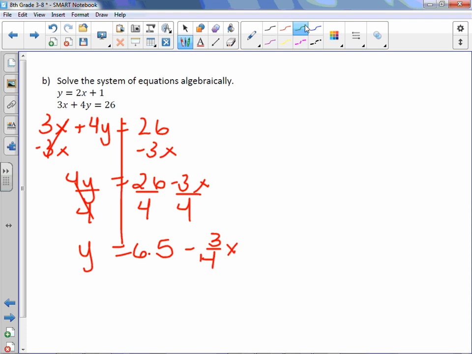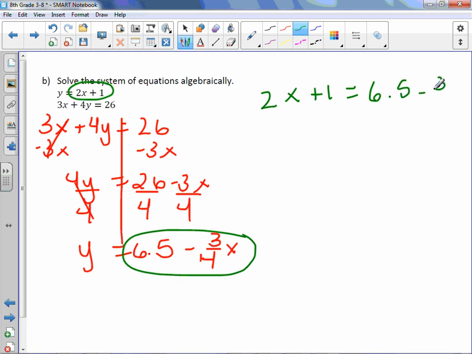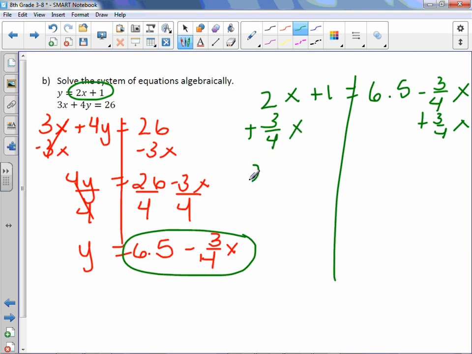Now we have our equation set equal to y. We're going to take this part and put them equal to each other. 2x plus 1 equals 6.5 minus 3/4 x. Add 3/4 x to both sides. 2 plus 3/4 is 2.75x plus 1 equals 6.5 minus 1. 2.75x equals 5.5.